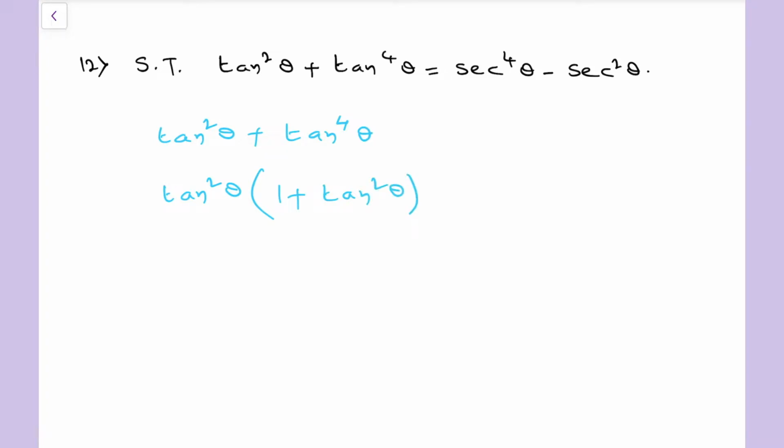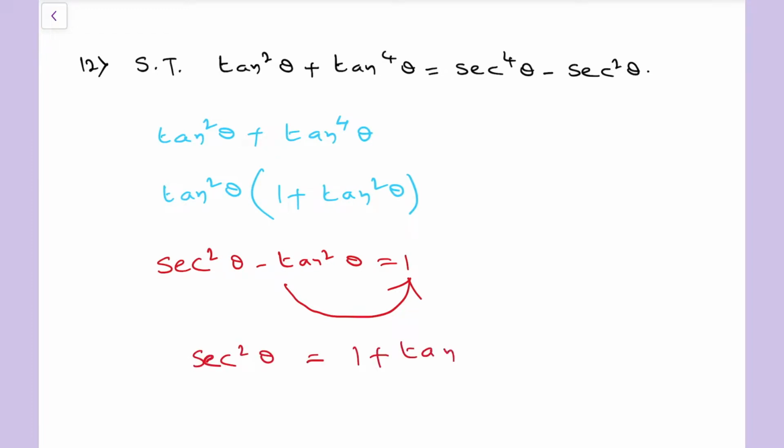Now if we move back to the identities again. The first identity we have is sine square theta plus cos square theta, right? We used that in the previous case. Then the next identity is secant square theta minus tan square theta equals 1. Now take this minus tan square theta to the right side. So we get secant square theta equals 1 plus tan square theta.